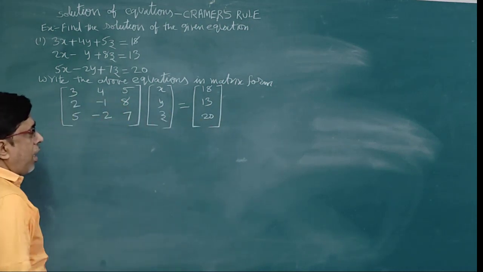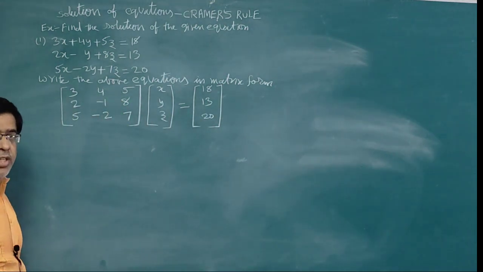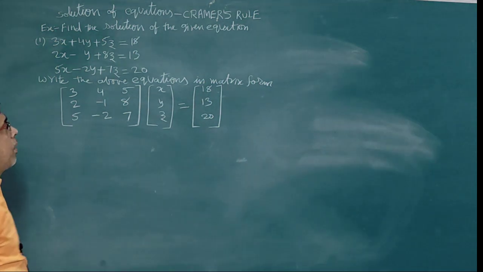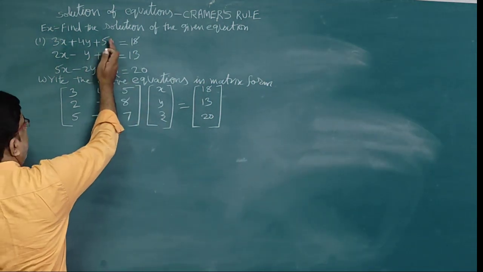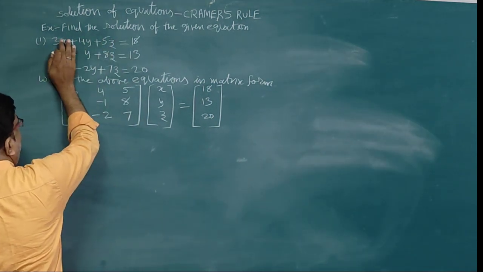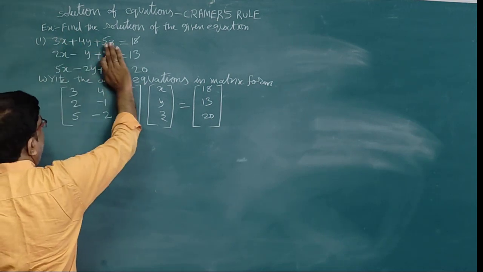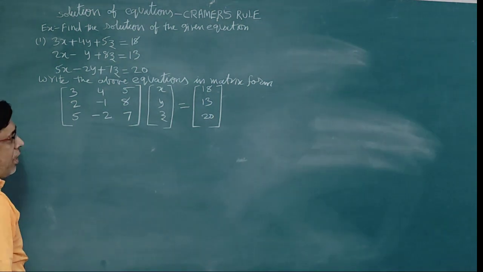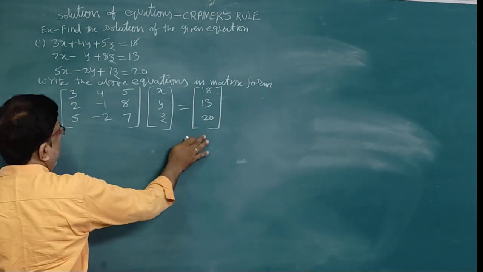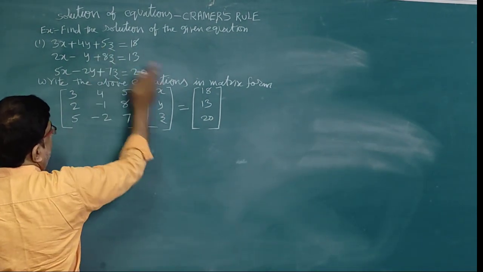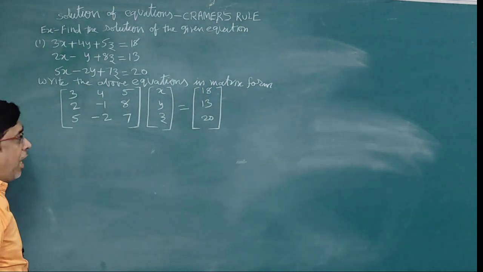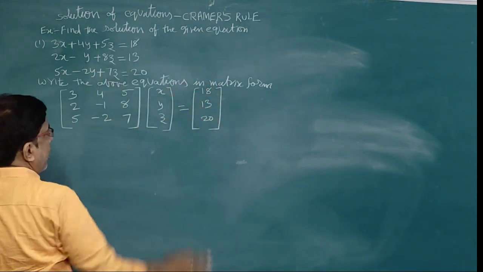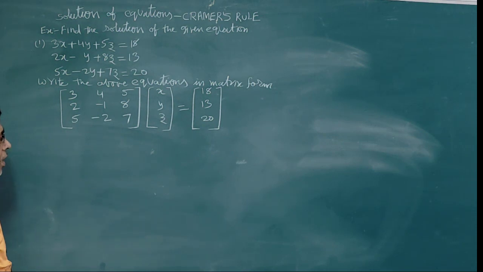This way you can write the equation in matrix form. One thing you should be clear: all the variables should be at one place and all the constants at the opposite side of the equality. Then only you can write. Otherwise, check the sign. The best way is to shift the terms and write directly.